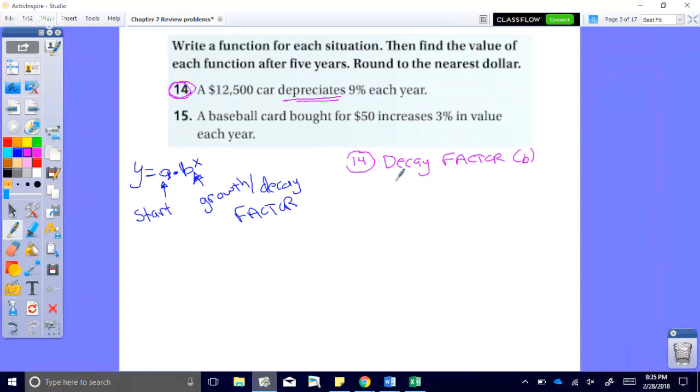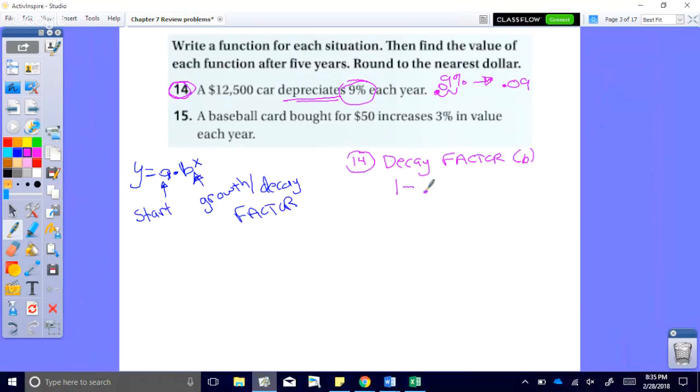For the decay factor, you take 1 minus the percent decrease. It says it's going to decrease at 9%. Well, 9% as a decimal is 0.09. If you take 9 and move the decimal 2 places, you have 0.09.